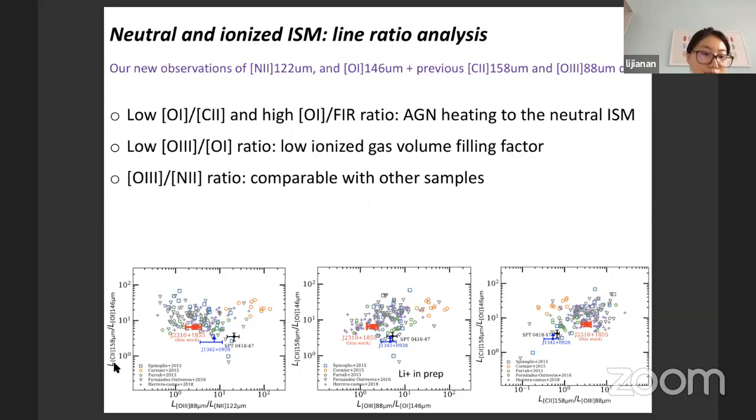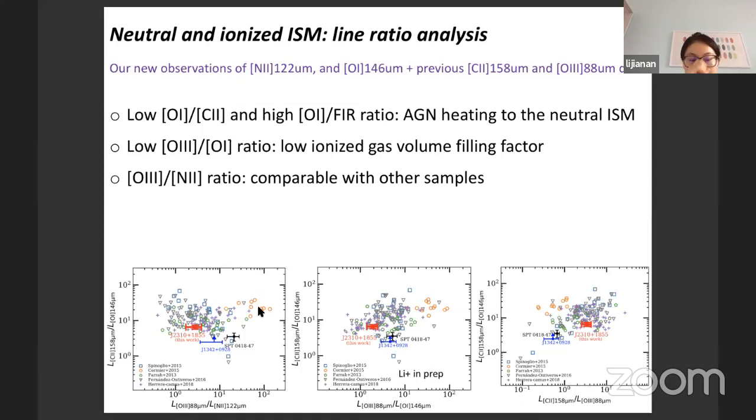In this plot, the y-axis shows the luminosity ratio of the C2 to oxygen-1 line, and the x-axis is the oxygen-3 to nitrogen-2 line. For the C2 to O1 ratio, we find that this quasar, together with two other high redshift objects, lies at the lowest C2 to O1 ratio compared to the comparison samples.